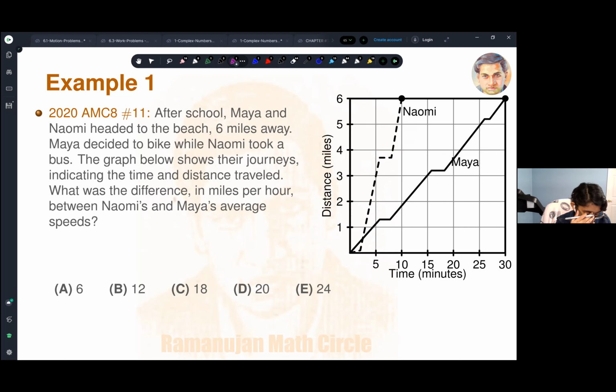What was the difference in miles per hour between Naomi's and Maya's average speeds? So you kind of want to go back to the definition of average speed probably, and try to determine the average speeds of both girls, and then find the difference. So that's kind of the outline of steps. I'll let you work on that.